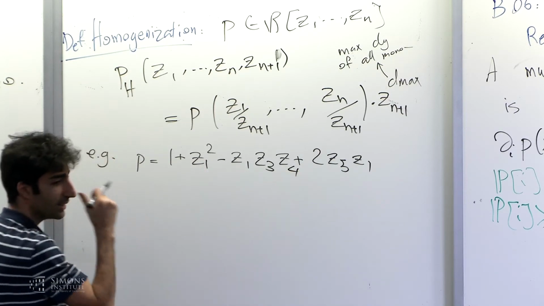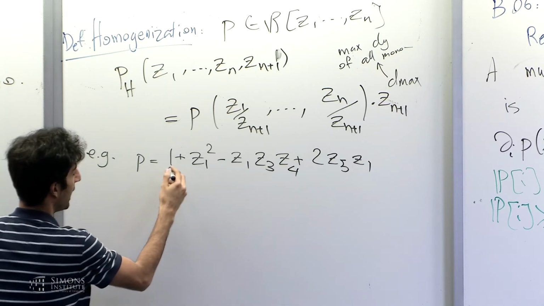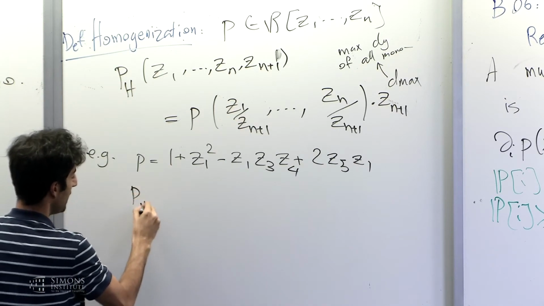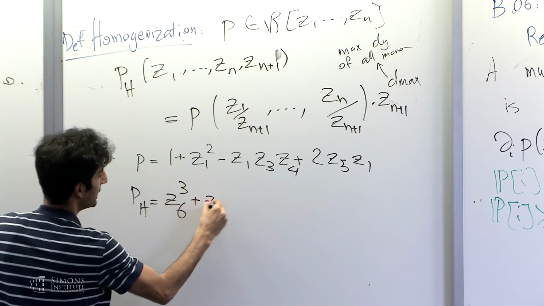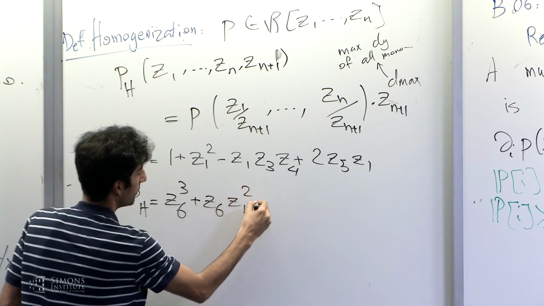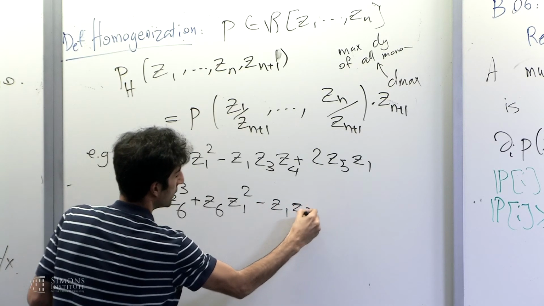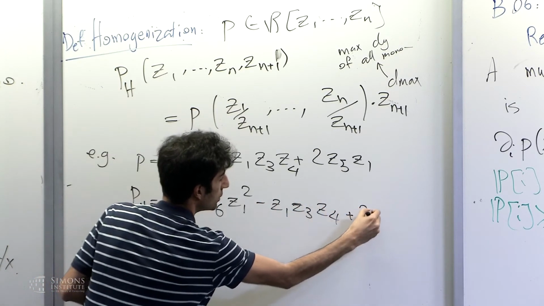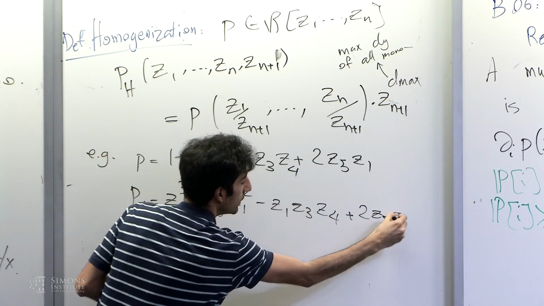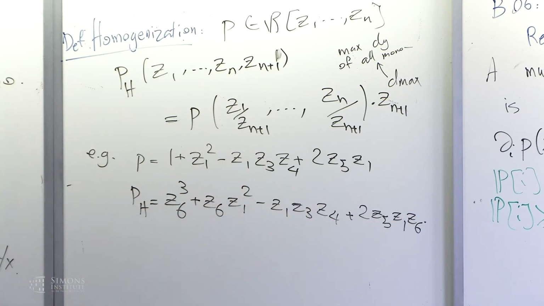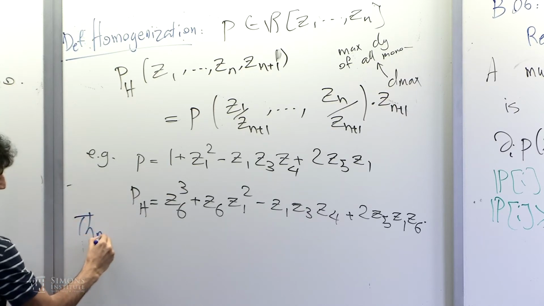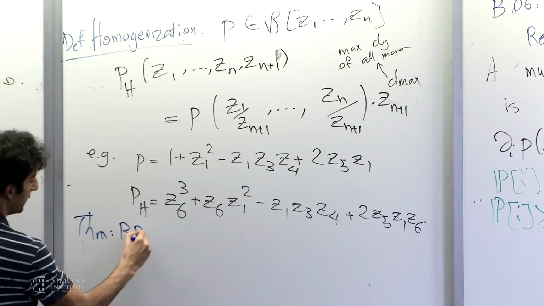So I need to add a new variable, z6, and then my new polynomial P of H would be z6 cubed plus z6 z1 squared minus z1 z4 plus 2 z5 z1 z6. Okay. Now I can state this theorem of Gaussian, Brandon, and Liggett.